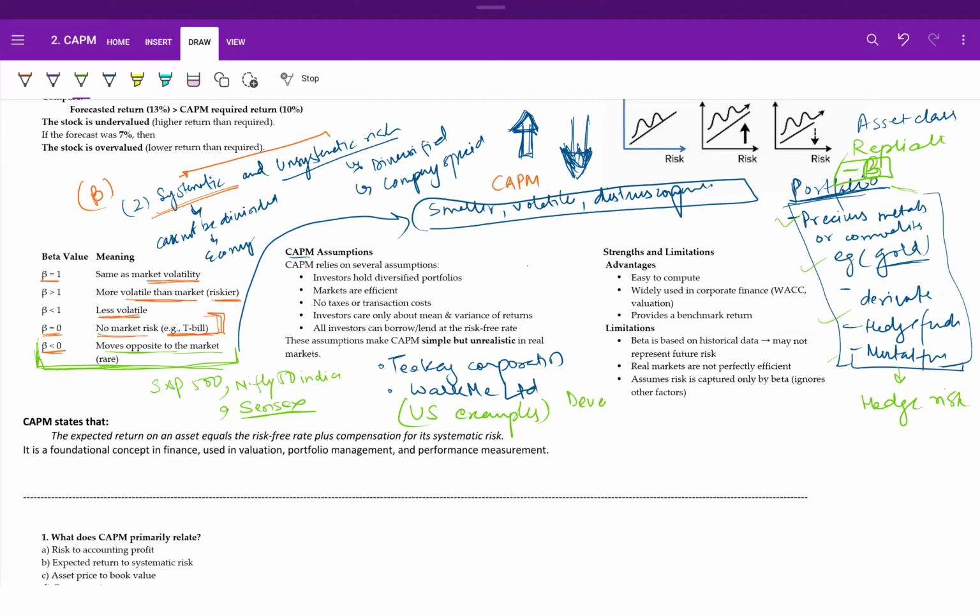It's very difficult to find companies with negative beta in India because most companies operate in cycles linked with the economy and the market, which gives them a positive correlation with the market.